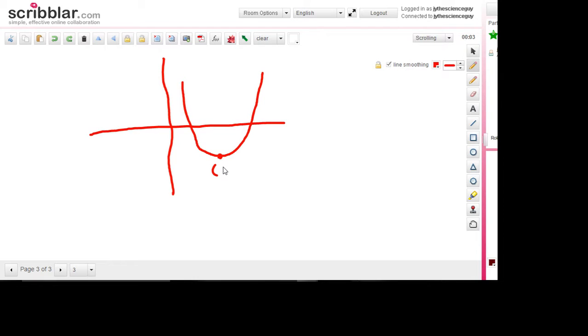So let's say this is 4, negative 2, and let's say that this is 6, 0. And this is 2, 0. Write the equation for that parabola.